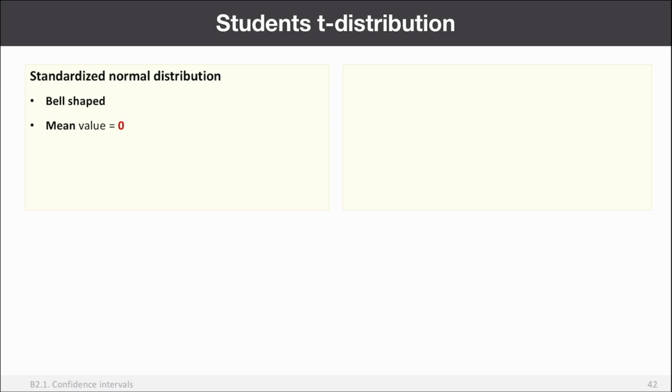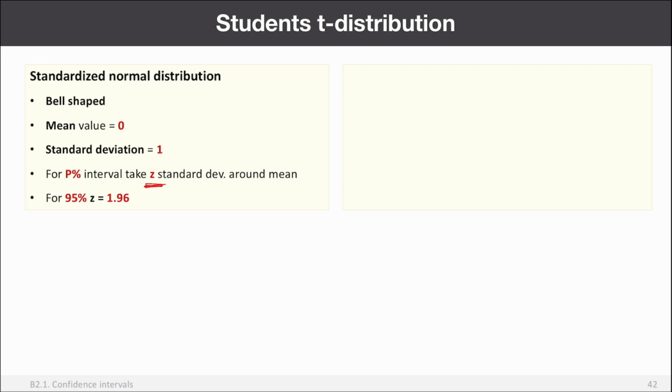So let's recall first that the standardized normal distribution is bell-shaped. The average of the standardized normal distribution is 0. The standard deviation is equal to 1. If you want to get an interval, for example, of the 90% or 95% most common values, we should take Z standard deviations around the mean, which in the case of the standardized normal distribution is just Z, right? For example, for 95% of cases, Z equals 1.96, and it's fixed.